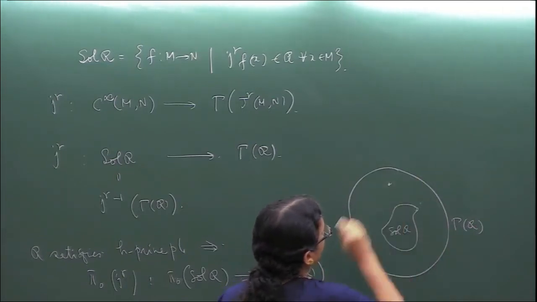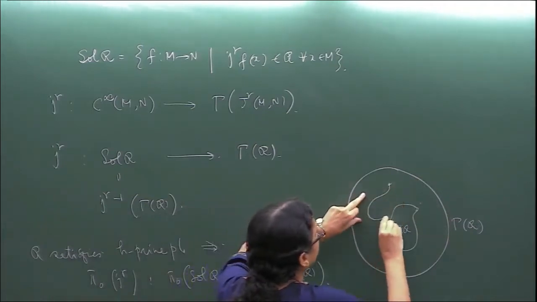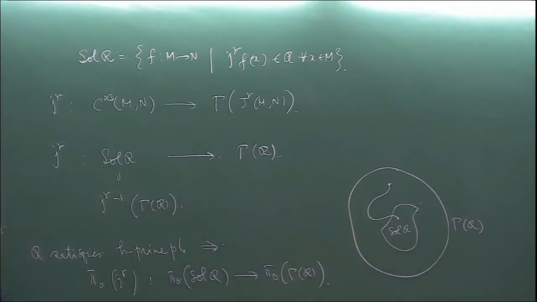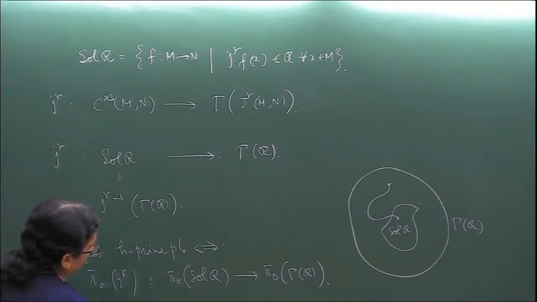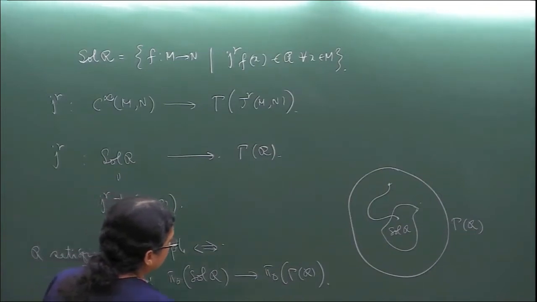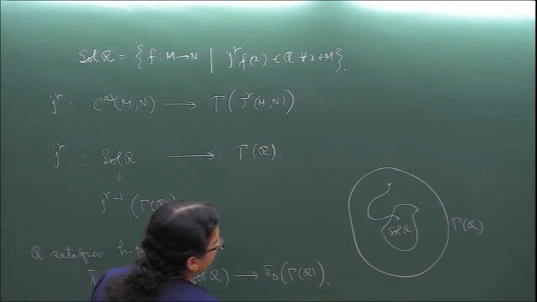And if you have any point here, that means a formal solution, then you can connect it by a path to a solution. And R satisfies, these are the definitions, the one parametric H-principle if pi 0 JR is bijective.